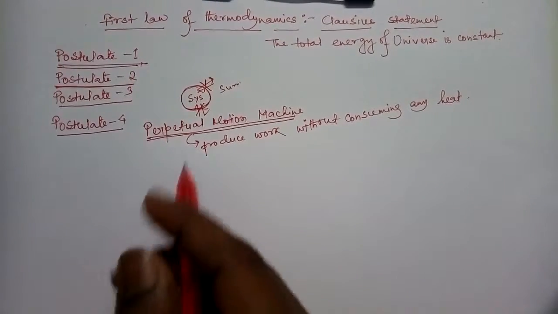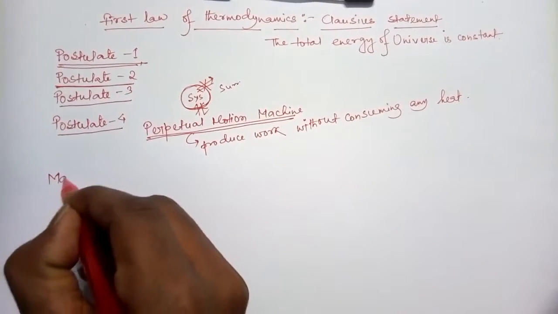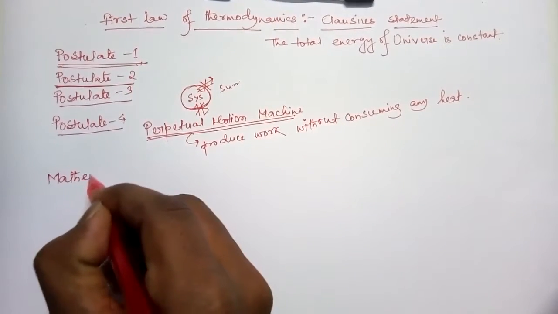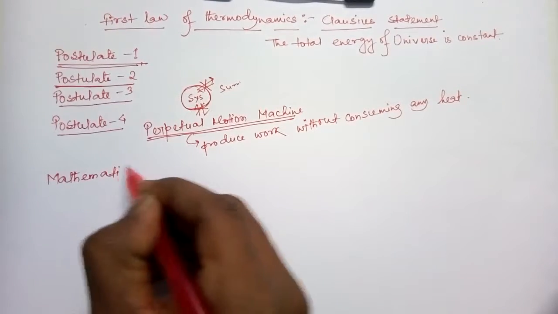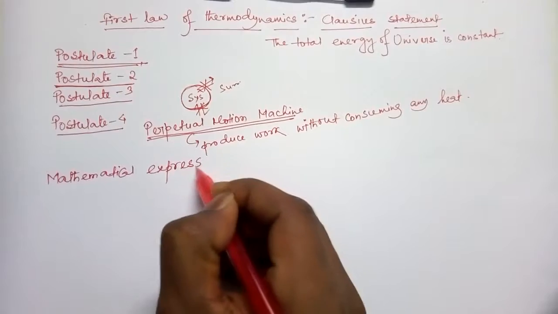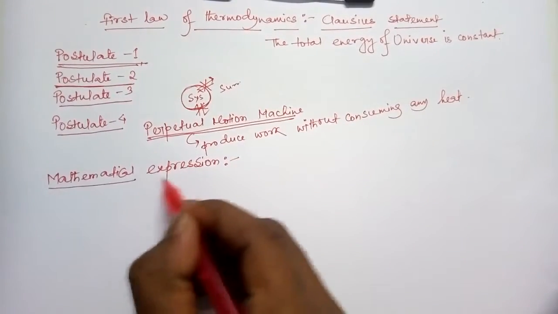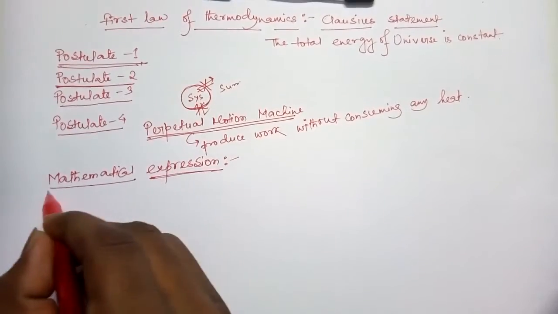So we want to derive the mathematical expression for the first law. It means how we can express this law mathematically.